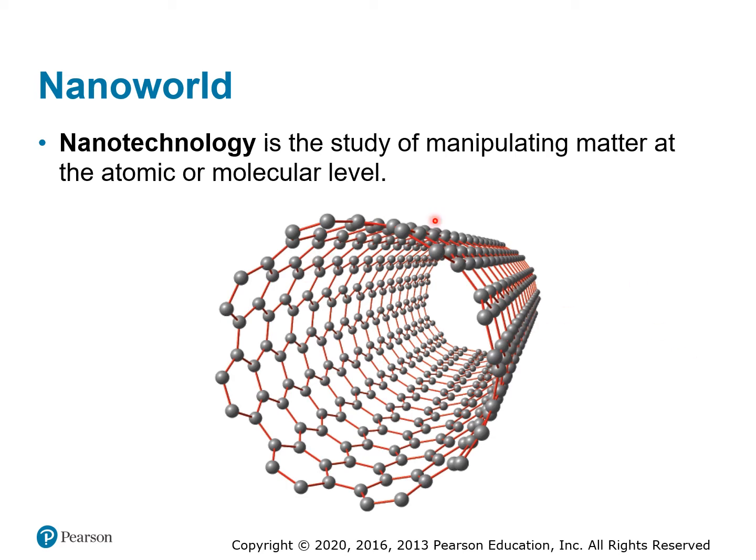Here on the slide you see a carbon nanotube, and these gray circles or gray balls are the carbon atoms, which are bonded in a hexagonal pattern. So you can see one hexagon bonded to the other, and it forms this hollow structure, which allows for potential applications in various fields.